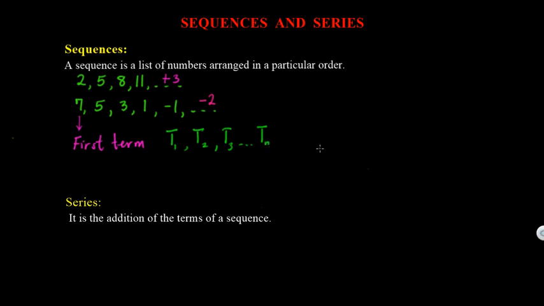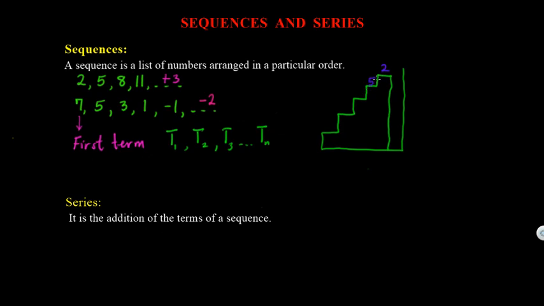Let's liken a sequence to a staircase in our various homes or schools. Each stair is built by adding a common size to the one before it. So if this one is a 2, adding a common value, the height to this, let's say we have 5.